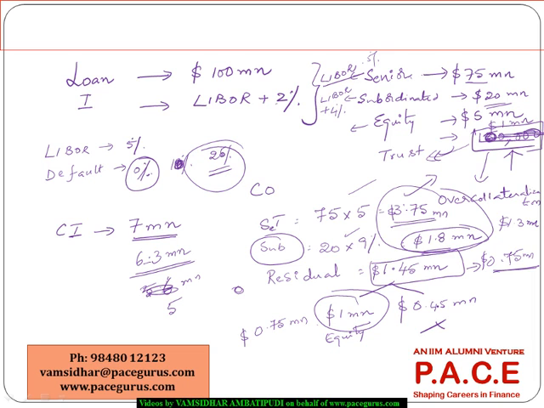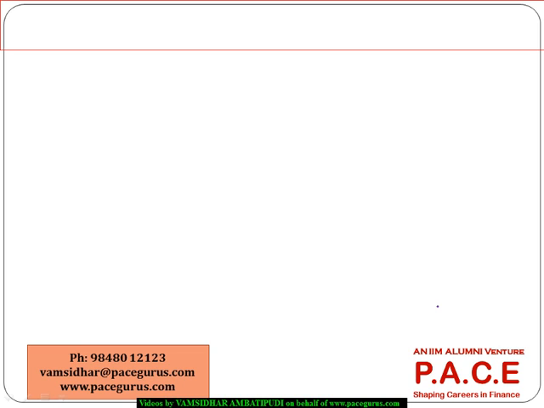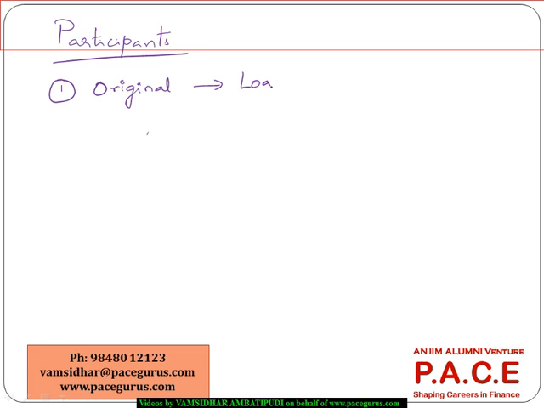Now, if we look at the typical participants, I would like to look at the various participants in the securitization process or in the creation of a structured product, right from the originator, who is the typical entity which has issued the loans. It could be a bank or any kind of lender.